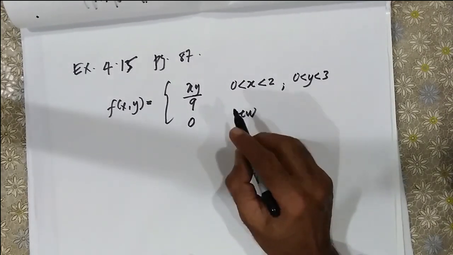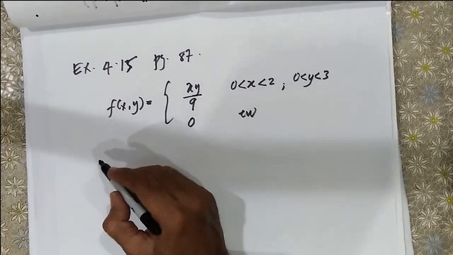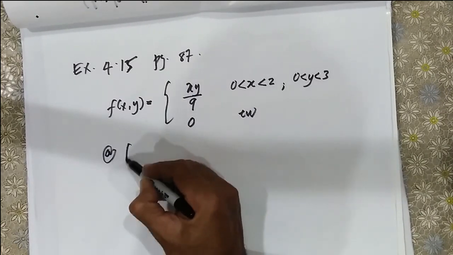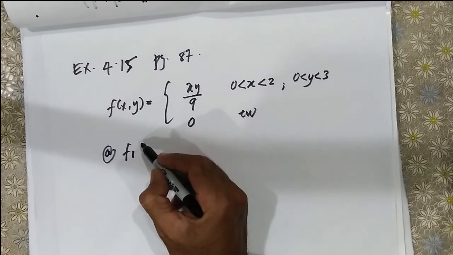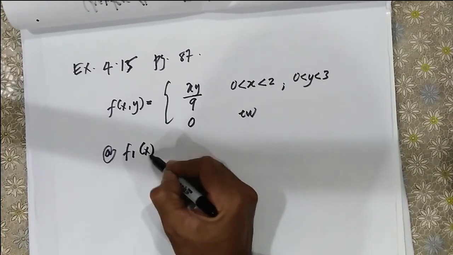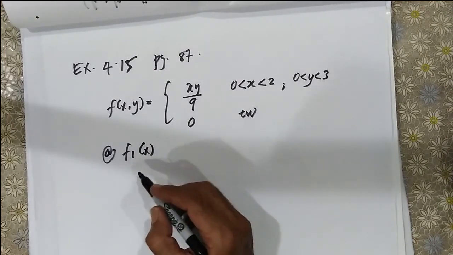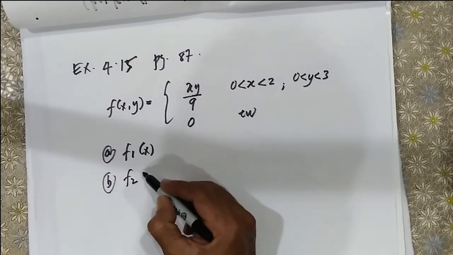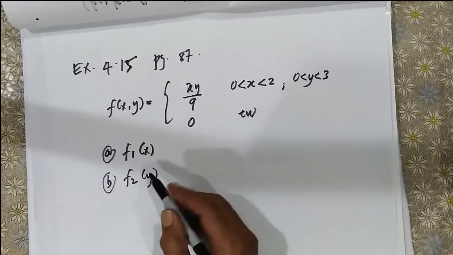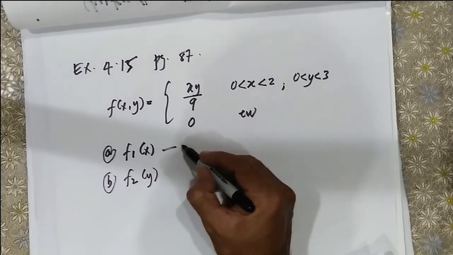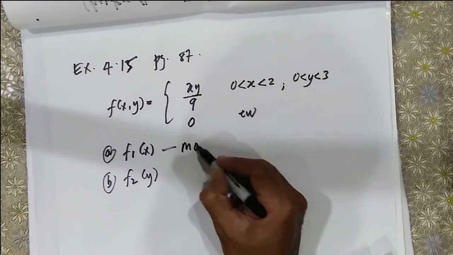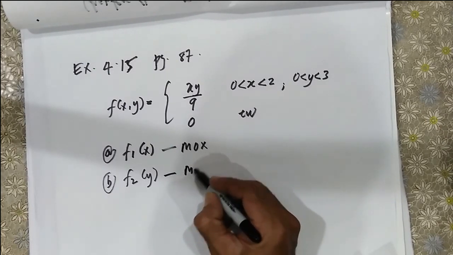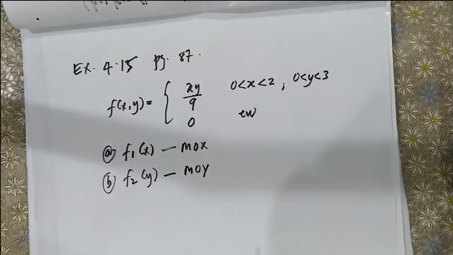Now I want to find f sub 1 x, and then f sub 2 y. This is known as the marginal probability of x, and this is the marginal probability of y.